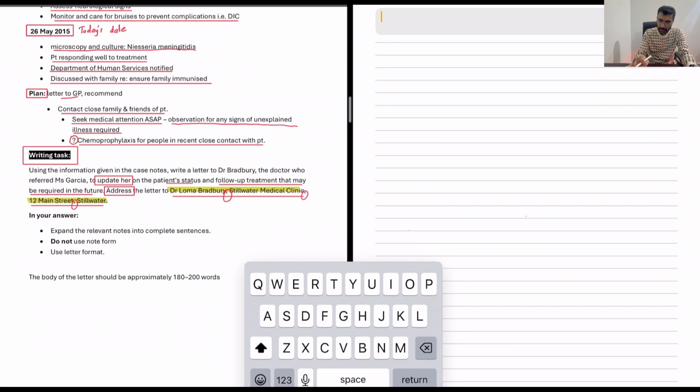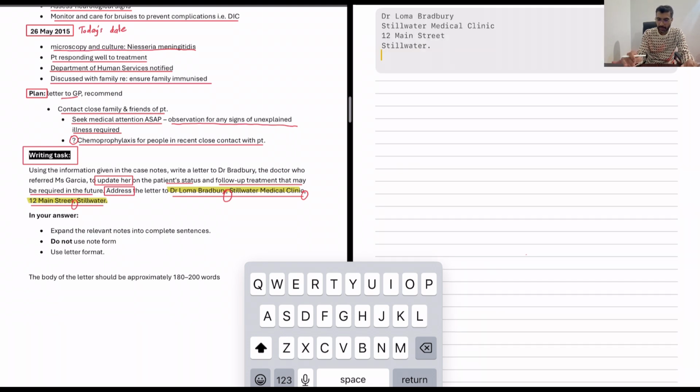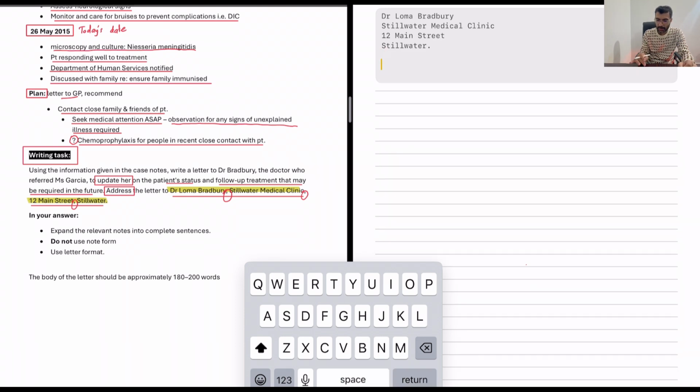I will not type here because typing takes a long time, so I have typed it earlier. Now I will just paste it. You can see the same address which is given here, but there are no commas. We have omitted the commas.